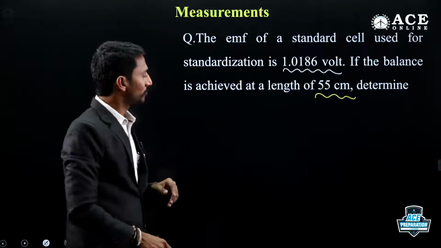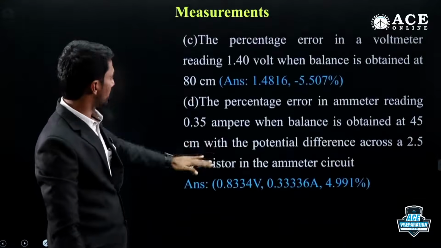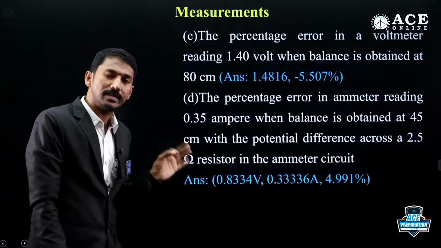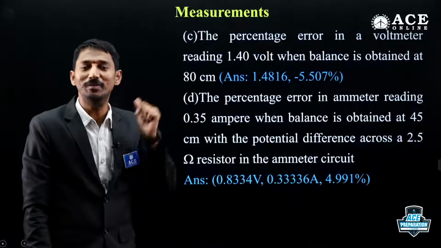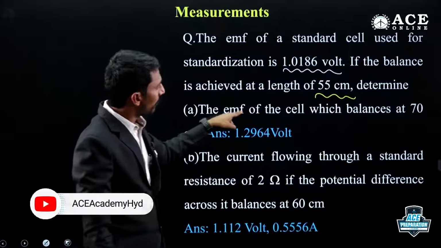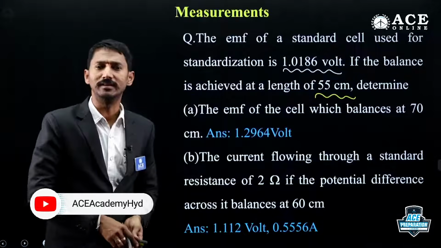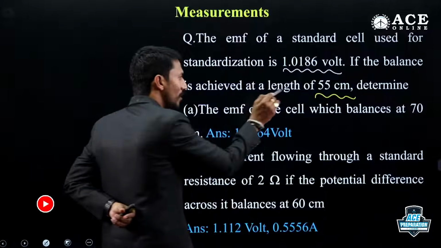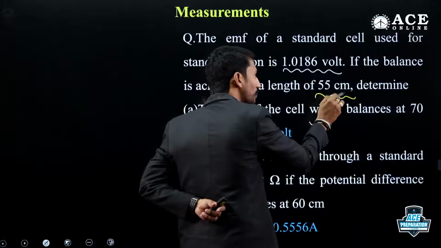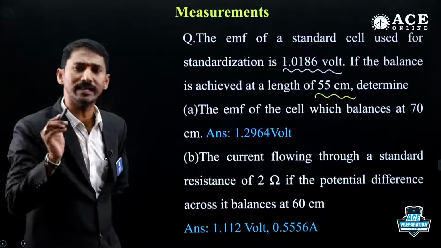Okay. Now, he is asking almost, I am taking 4 questions, A, B, C, D. But if you understand the first part, other things will be very much clear. No need to worry. See here. The EMF of the cell which balances at 70 centimeter. Very simple here. For 55 centimeter, what is the voltage for balancing? 1.0186.